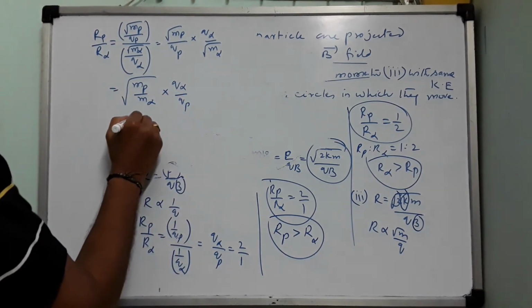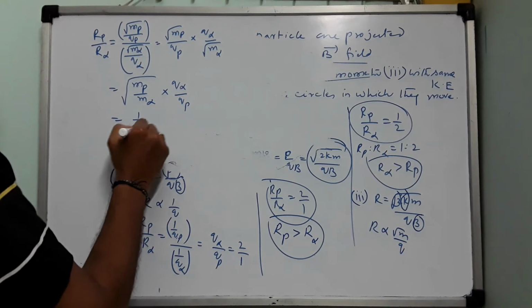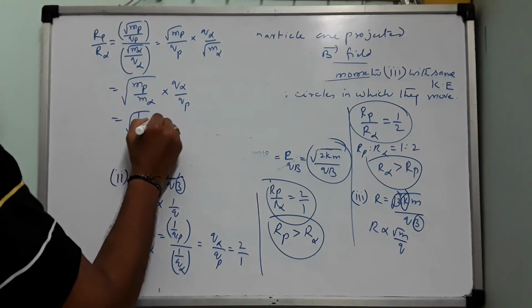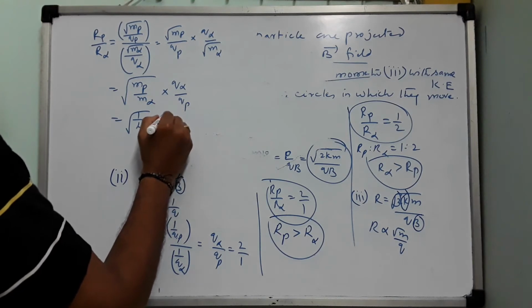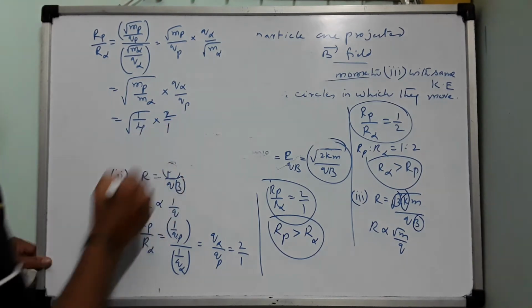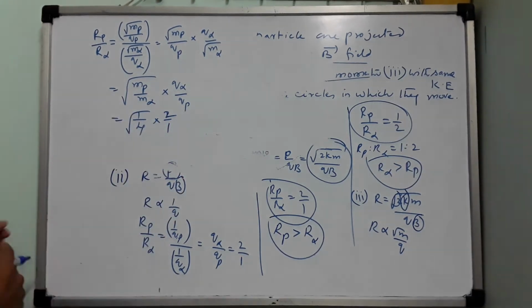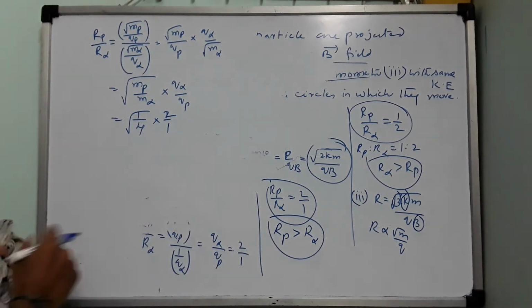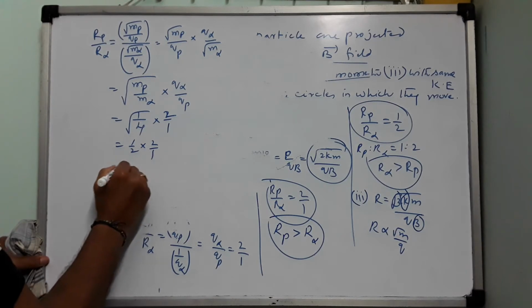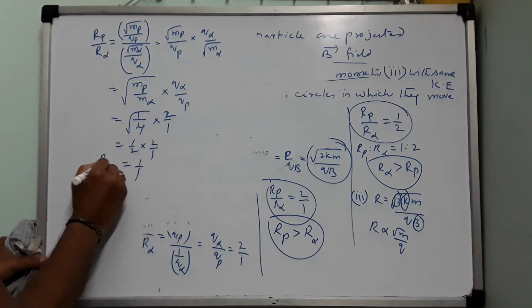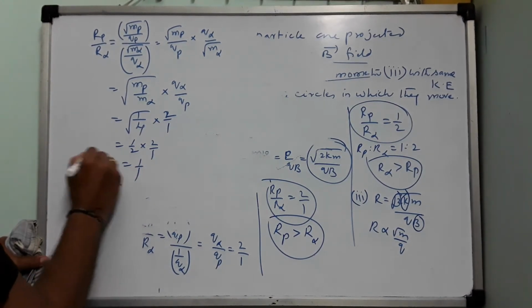Mass of proton 1 unit, mass of alpha 4 units, and a root, multiplied by charge of alpha 2 units, charge of proton 1 unit. 1 by 4, root is nothing but 1 by 2, into 2 by 1 is nothing but 1 by 1. So Rp by R alpha is 1:1.